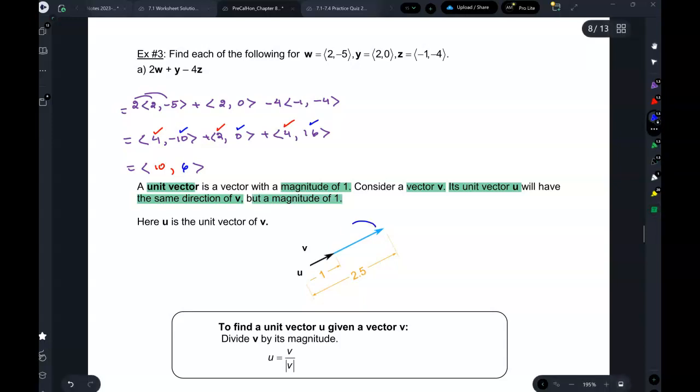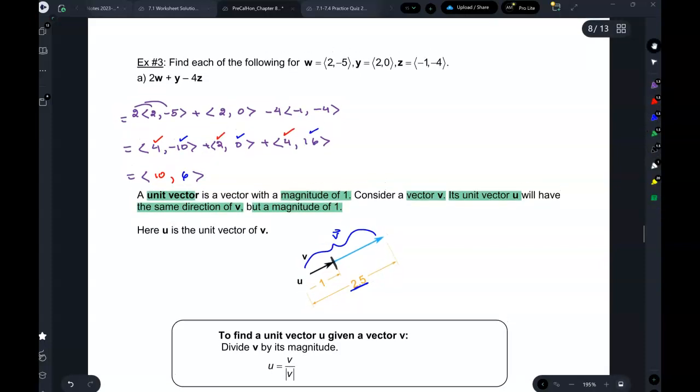This blue vector, this entire blue vector is vector v. That vector has a length of 2.5 units. The unit vector is vector u. It has a length of exactly 1 unit, but do you see how it lies exactly on top of vector v?